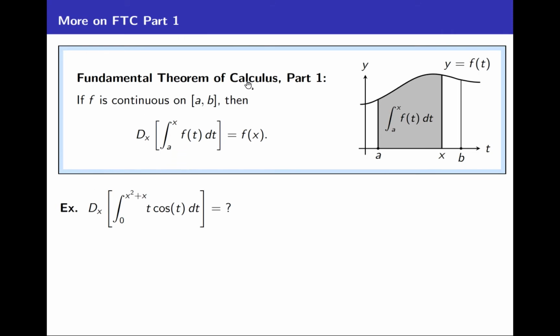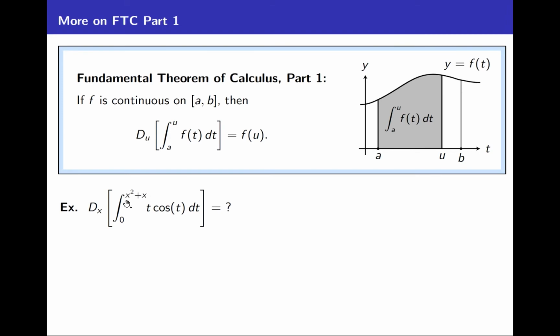In the statement of the fundamental theorem of calculus part 1 up here, let me change that variable x here, here, and here to a u. Doesn't matter what the variable is, so let's write the fundamental theorem of calculus part 1 as the derivative d/du of the integral from a to u of f of t dt equals f of u.